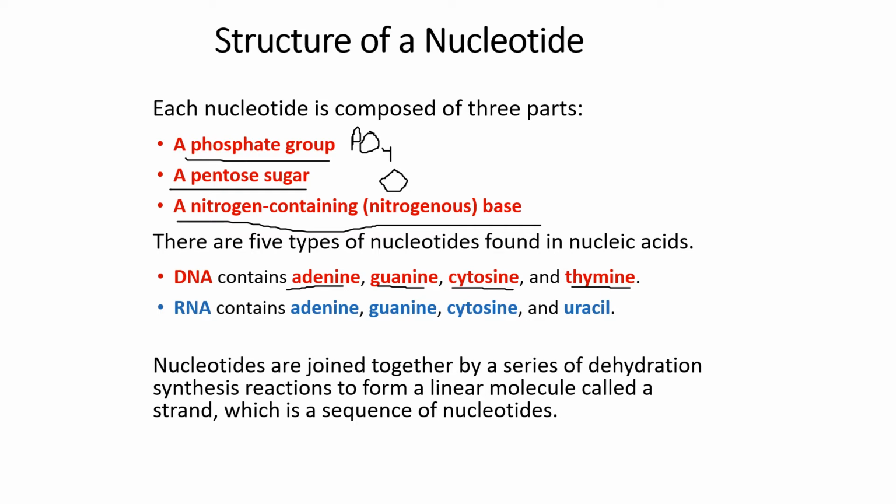In RNA, you don't have thymine, instead you have uracil. So if you're looking at a strand of RNA, you could tell it was RNA because there were U's and not T's. Similarly, you could look at a strand of DNA and tell it's DNA because there's thymine and not uracil.